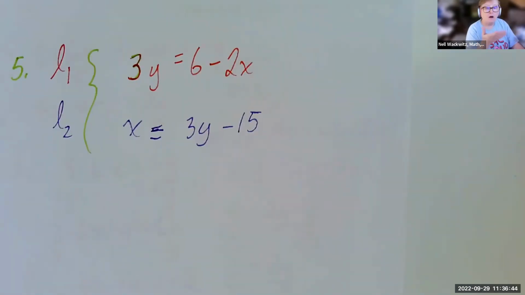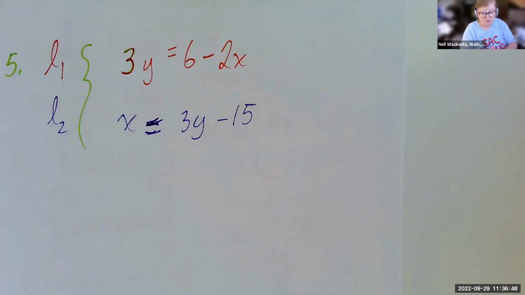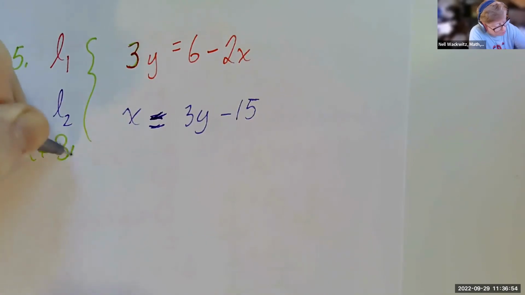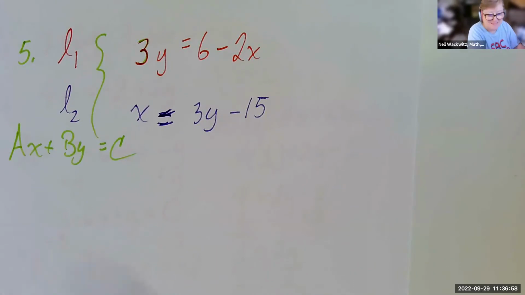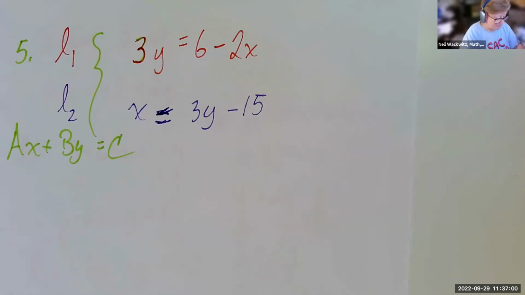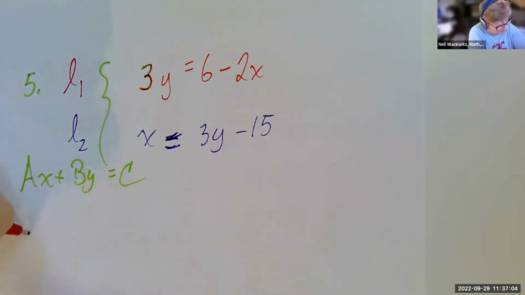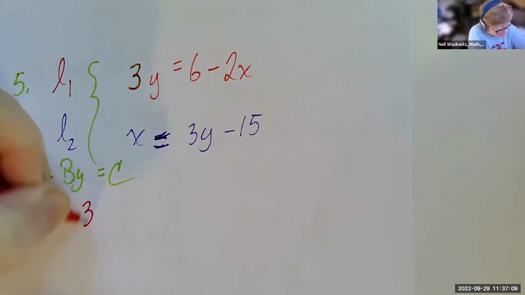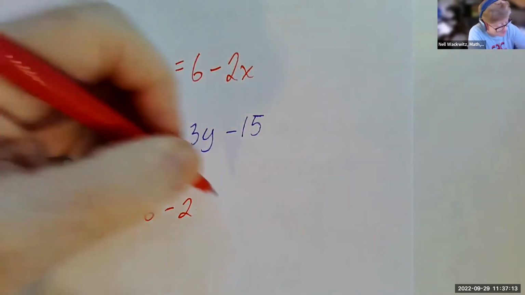All righty. Are we in standard form? No. Okay, great. What does that mean that we need to do? Ax plus By equals C. Excellent. And let's start with line 1. Is line 1 in standard form already? No. All righty. So we've got 3y equals 6 minus 2x.